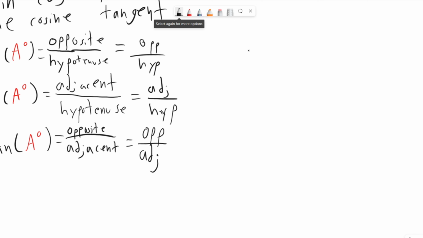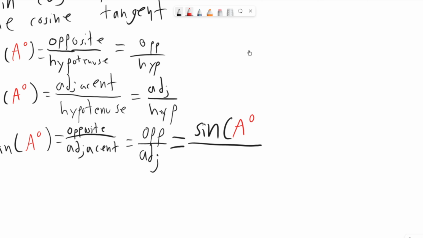It is worth noting that this is also the sine of a degrees divided by the cosine of a degrees.